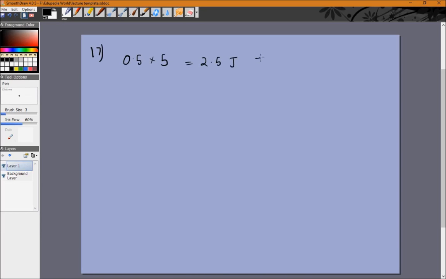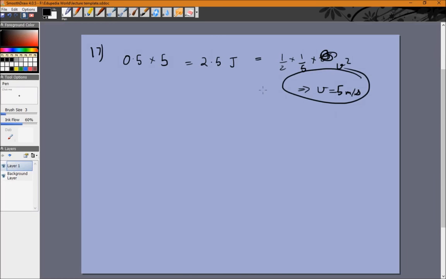Right. This is equal to the change in kinetic energy. Initial speed is 0. This is equal to half into 1 by 5 into v squared, which gives me directly v is equal to 5 meters per second. So this was a pretty straightforward, one of the easier questions in this paper, I think.